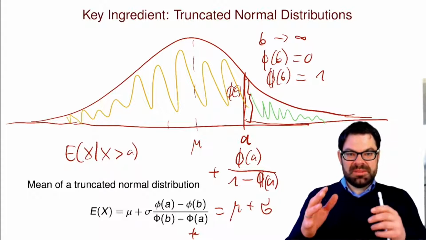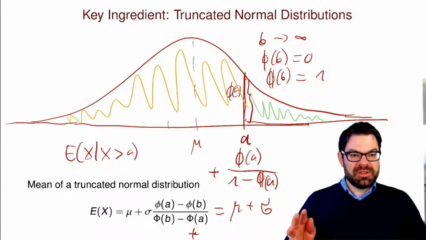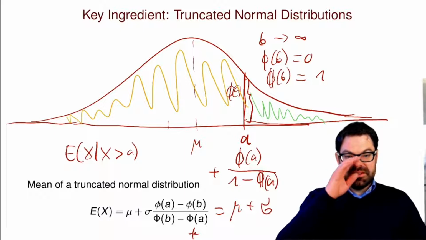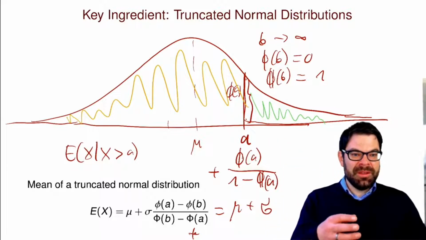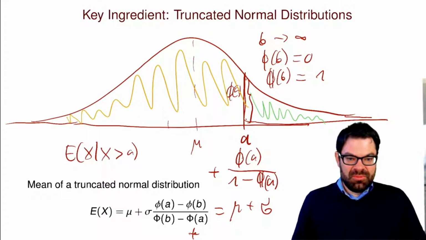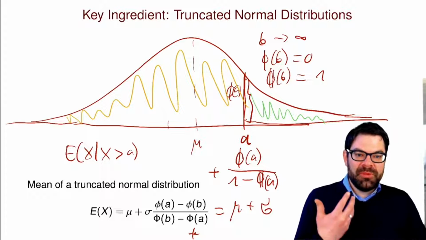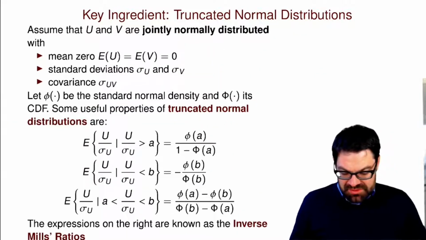And so with these parametric assumptions about that variable, we can actually calculate the expectation, or in other words, the mean for different parts of the distribution. And that is exactly what is at the core of Heckman's selection model, and of many models and many approaches that followed.